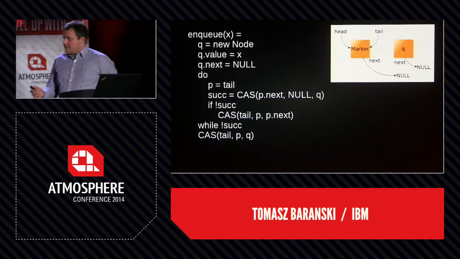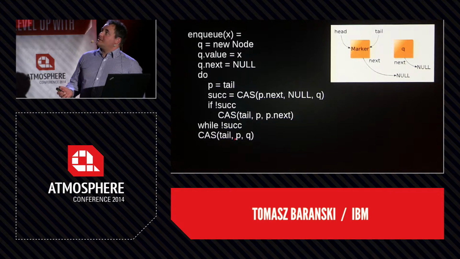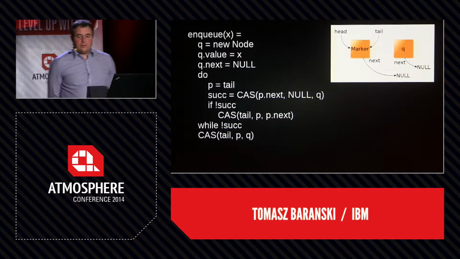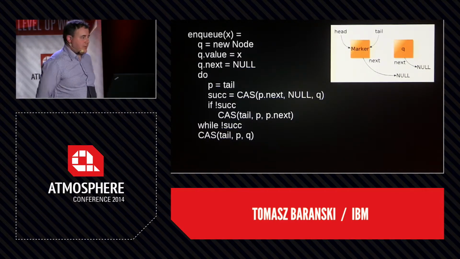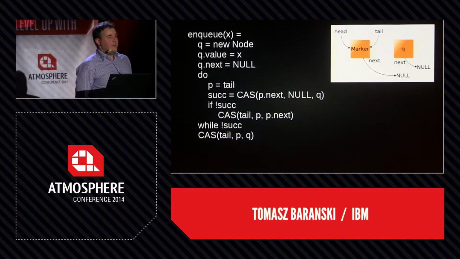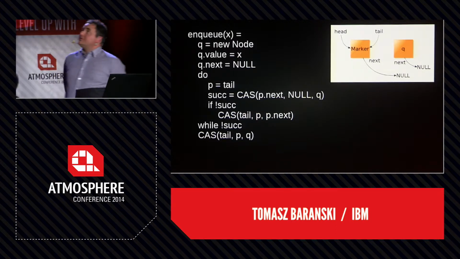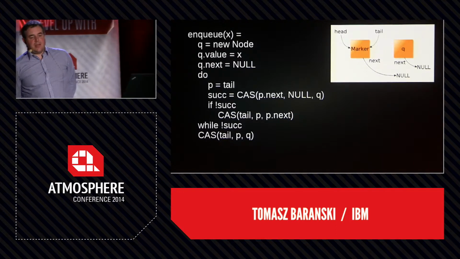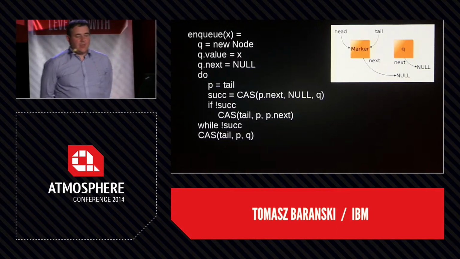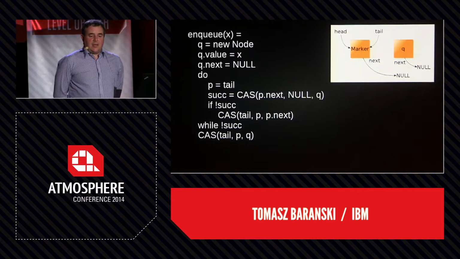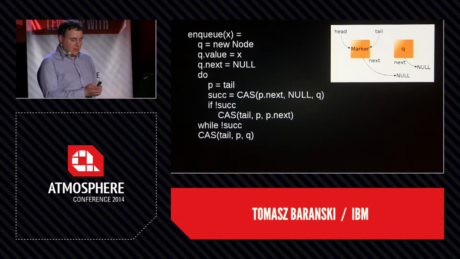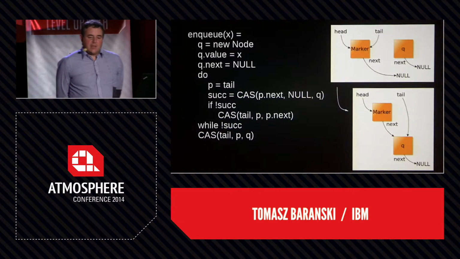Okay, so first let's talk about that. We replace the tail that pointed to our temporary variable with the new element that is supposed to be the tail. And we do it atomically as well. And it can fail and we don't care. You know why? All right, let's consider that this code is executed by two threads. Any thread can be scheduled off the CPU at any time, and we don't have any control over that. And at any moment, the state of the queue must be consistent. Let me actually go show this.